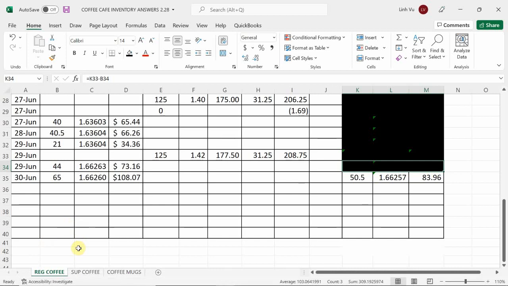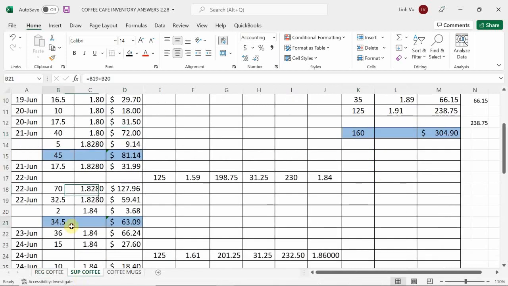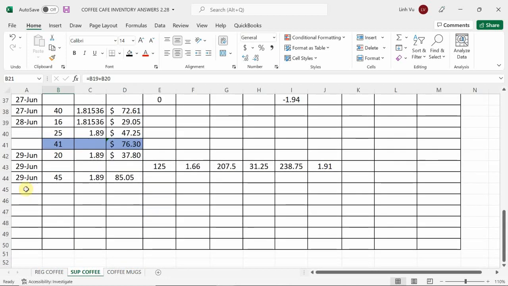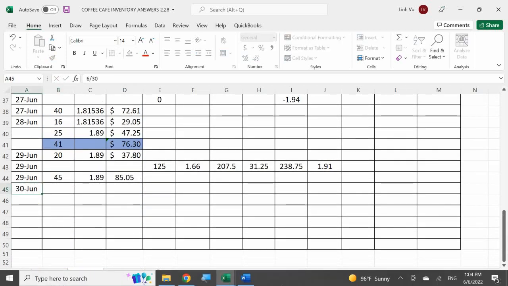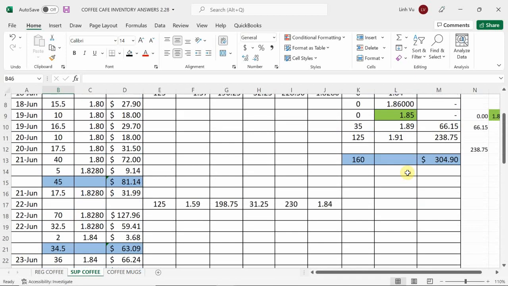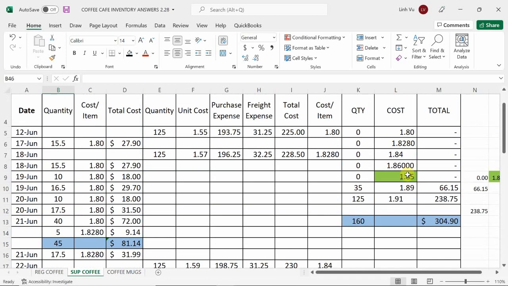Next one's going to be the Supreme Coffee. I have a total sold of 50 units. So let's take a look at my batches of inventory. I have two batches of inventory: 35 in one pile, and then 125 in another batch.